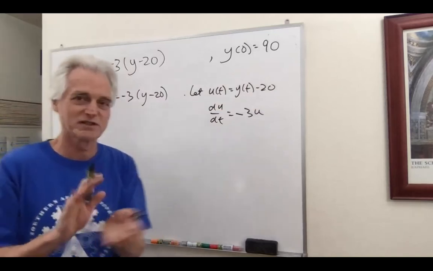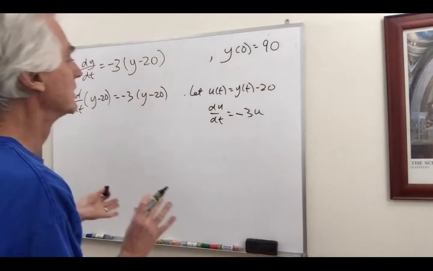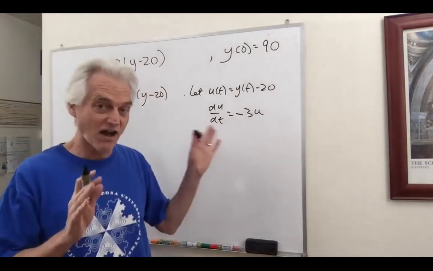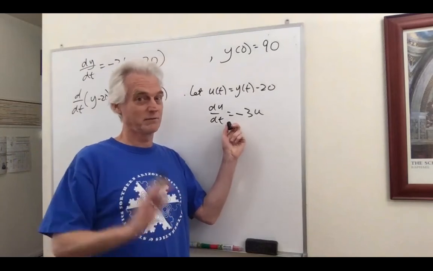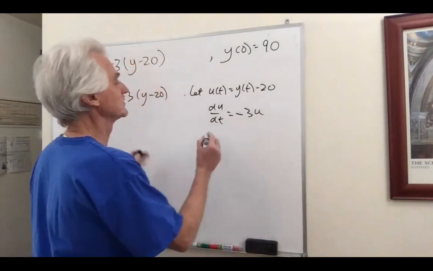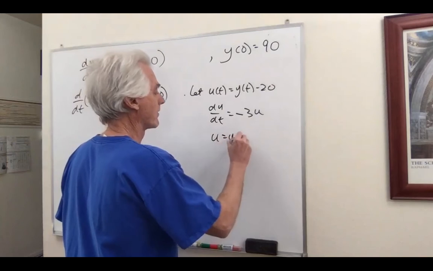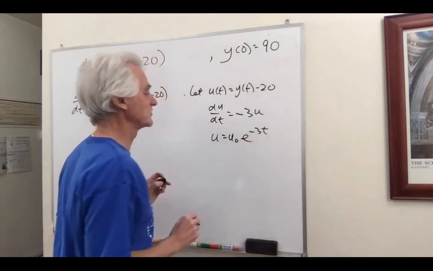We don't want to use d for this, because d is for derivatives. So this is by far the most important ODE. u is u naught e to the minus 3t by inspection.